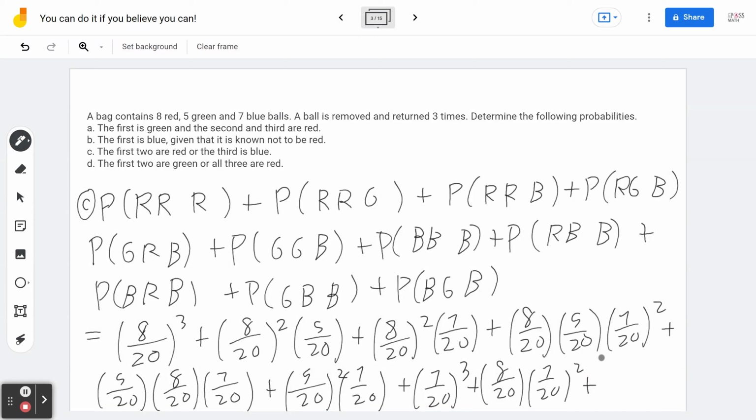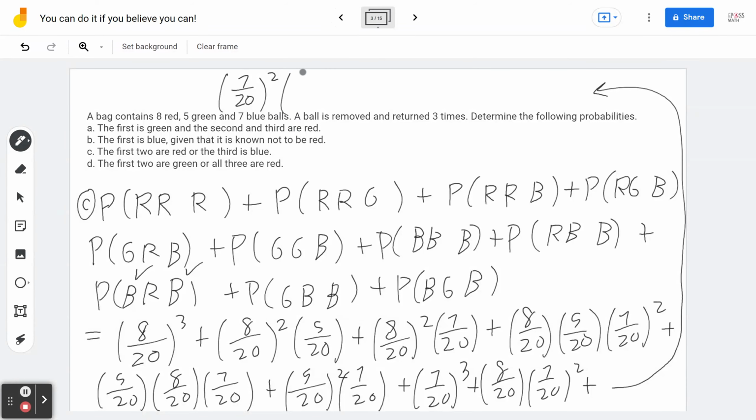Plus, 3 more cases. Now I'm running out of space, so I'm going to write it up here for you. I hope you're still connected. The remaining 3 cases are going to be blue, which is going to be 7 divided by 20, but I'm squaring it this time because it's blue at the front, at the back.